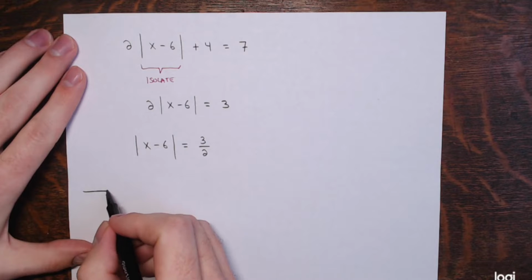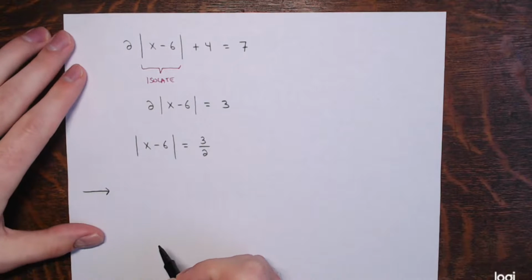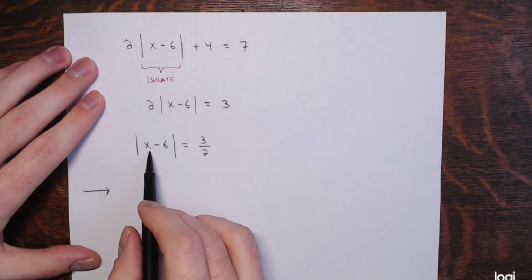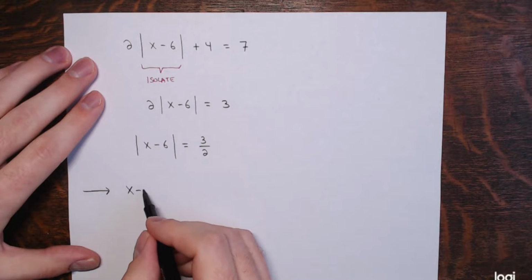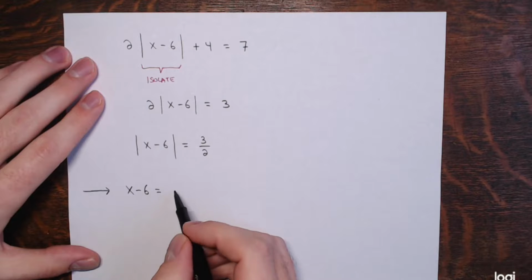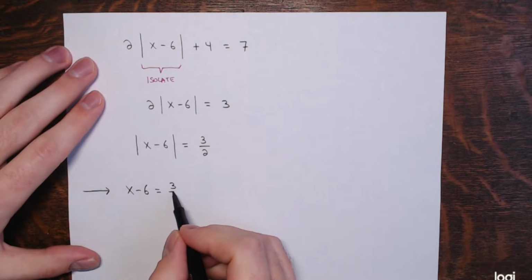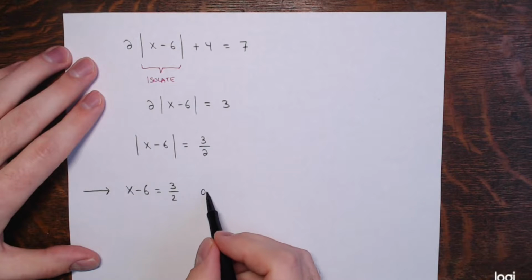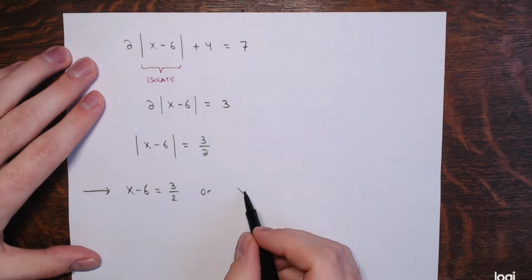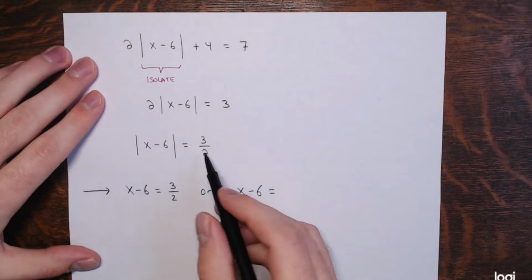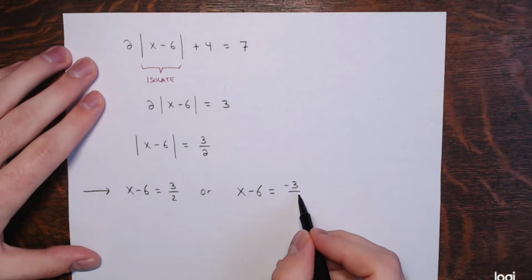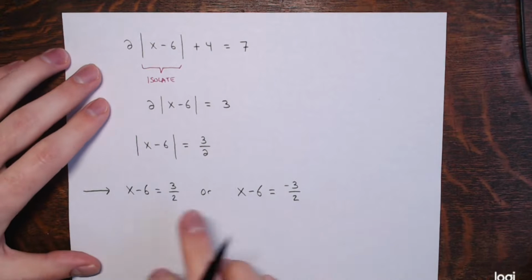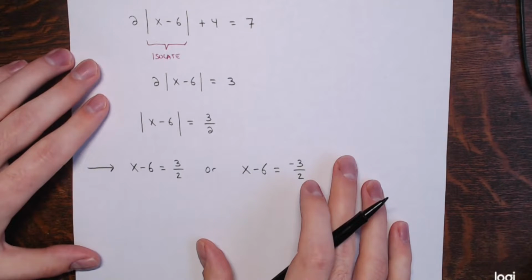And then we break it up into 2 separate equations. The only way this can happen is if x minus 6, the expression inside, is either positive 3 halves, since the absolute value of positive 3 halves is 3 halves, or if x minus 6 is the opposite of that, negative 3 halves, since the absolute value of negative 3 halves is also 3 halves. Then we solve each of these equations, and then go back to the original and check.